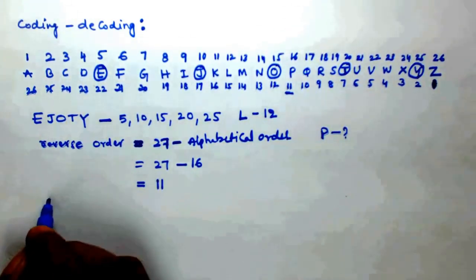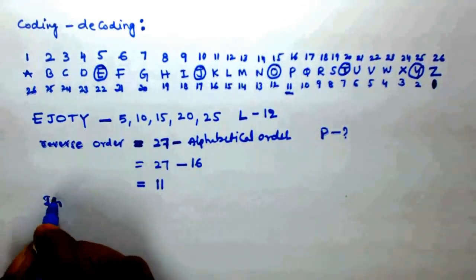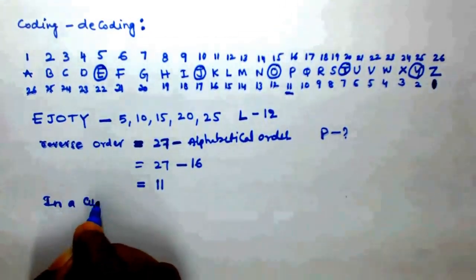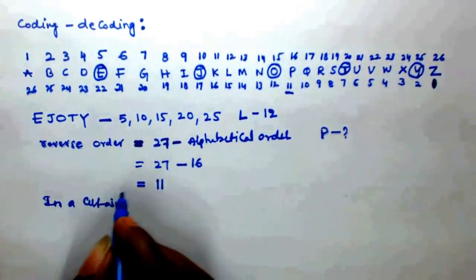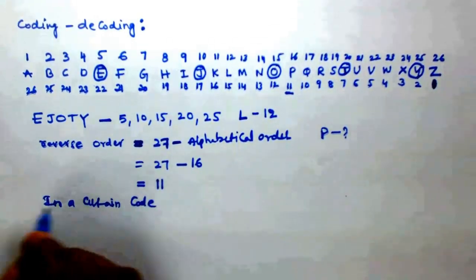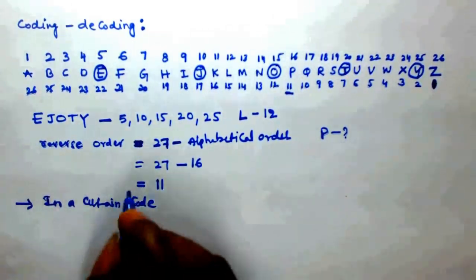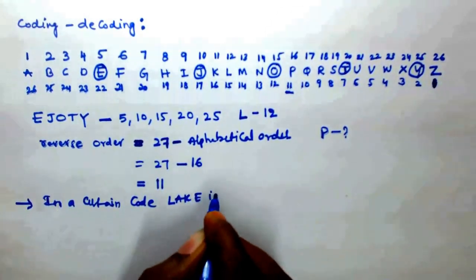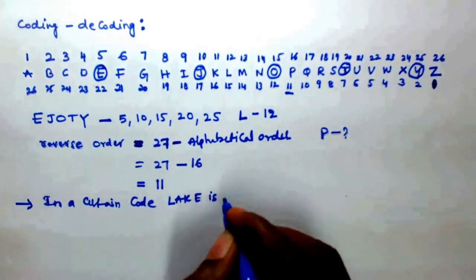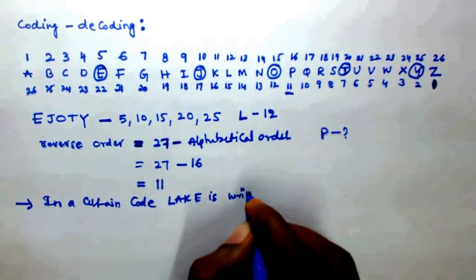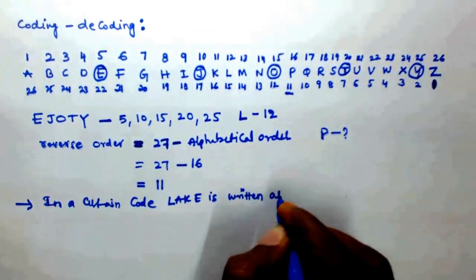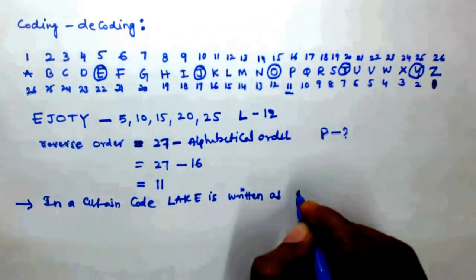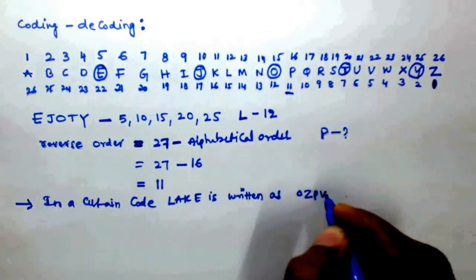So the question is: in a certain code, LAKE is written as OZPV.